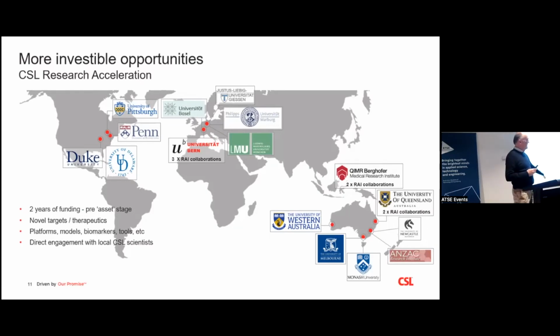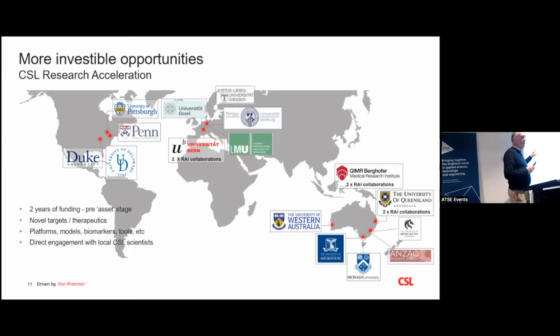You'll recognise a number of the institutes down in Australia that we're funding this work in, but also a number of really key institutes in Europe and in the US. And just in this year, we've been successful in establishing really important relationships in Singapore and in countries in Europe that we haven't previously been into as well. So we use this to generate a portfolio of early stage projects.